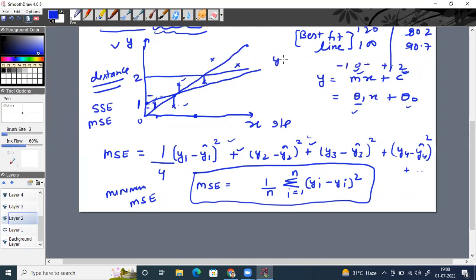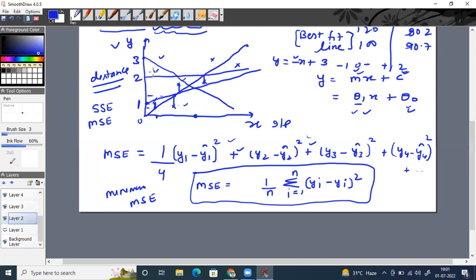So the equation becomes y is equal to minus x plus 3. Your line will start from 3, and the slope is negative, so you'll get this kind of line. So we see that whenever we change theta 1 and theta naught, we get a different line. Agree or not, everyone? Tell me.